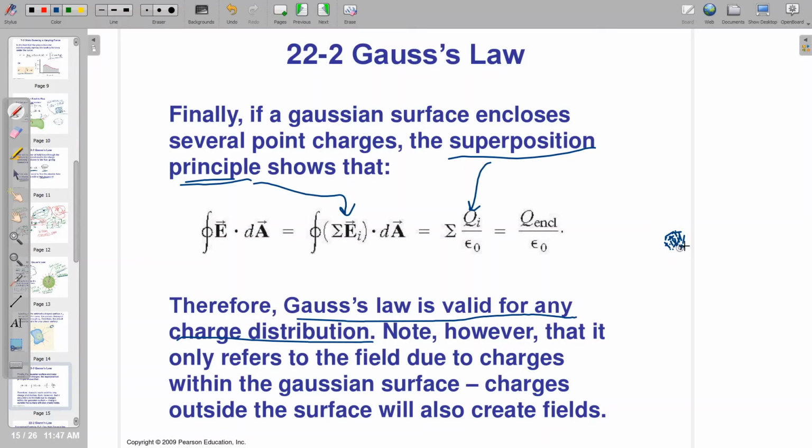Here I'm just drawing a circle out of a bunch of different dots. You can take this superposition over all of these different charges to come up with this disk of charge. That would be perfectly fine. Now remember, this refers to the field due to charges within the Gaussian surface. The ones outside the surface will also create fields, but their net contribution to the electric flux is going to be 0.